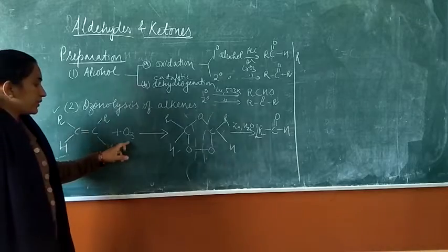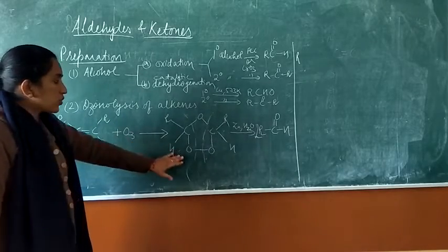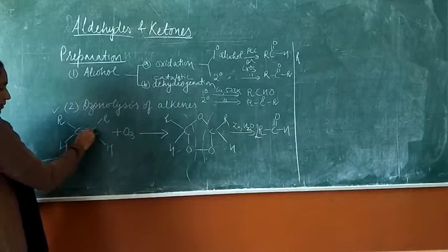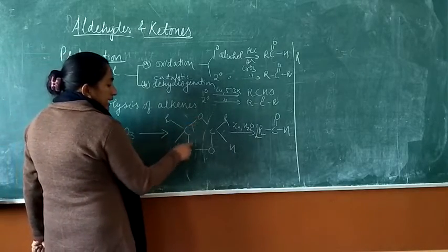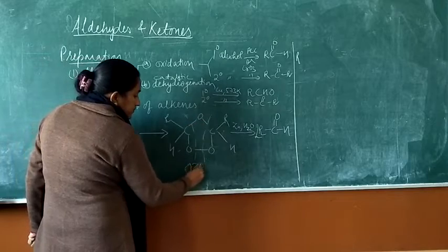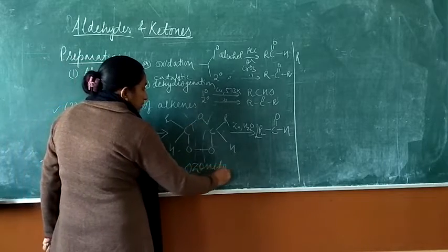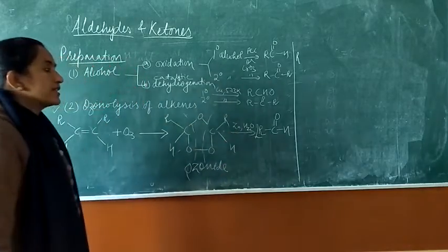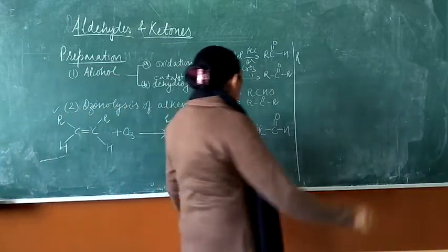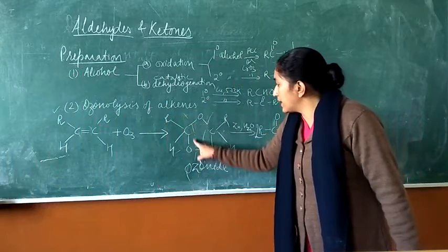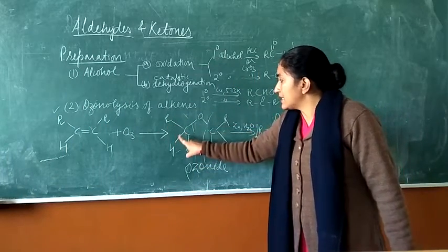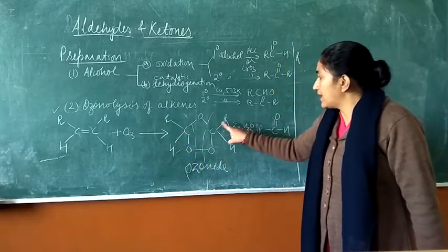We will react it with ozone, O3, and an ozonide is formed across the double bond. The C=C double bond is going to open up, and this ozonide, when it undergoes zinc reduction in the presence of zinc and water, will undergo splitting in this way and we will get RCHO and again RCHO here.